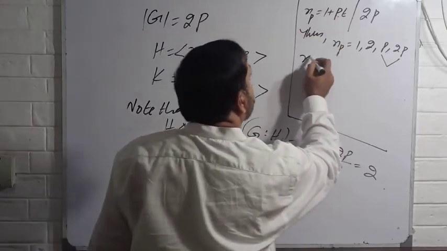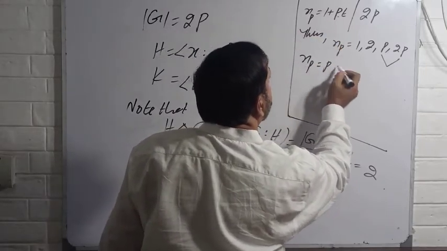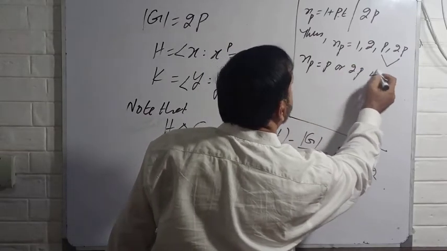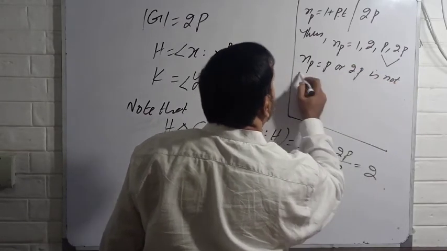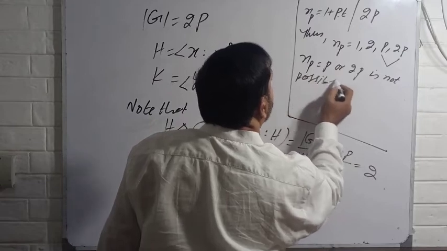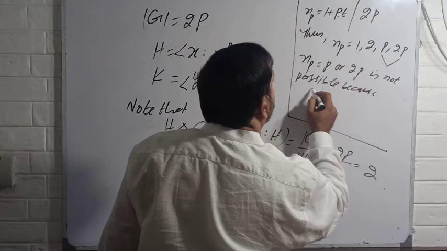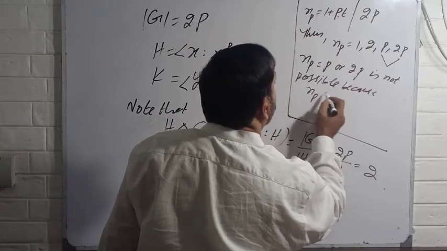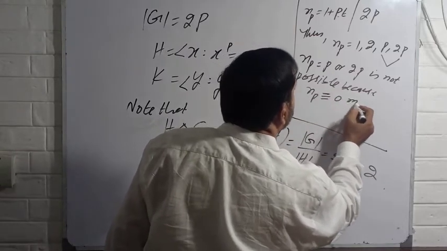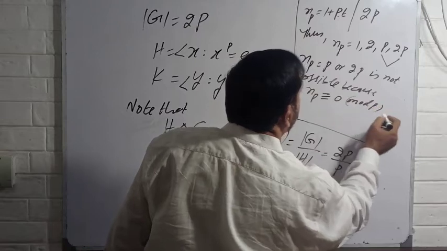So n_p equal to p or 2p is not possible, because n_p would be congruent to 0 modulo p.